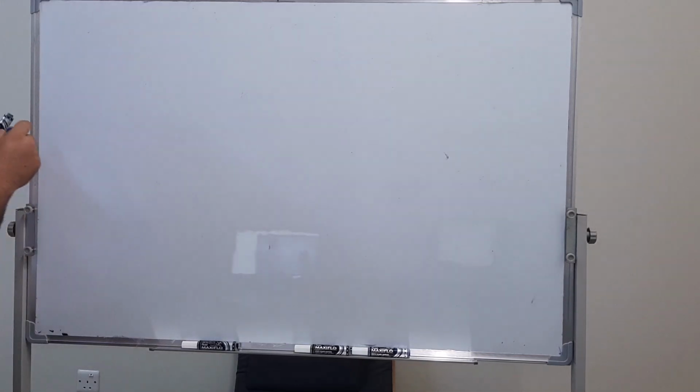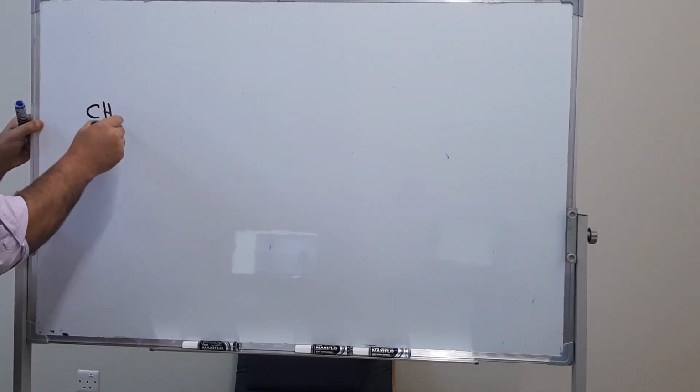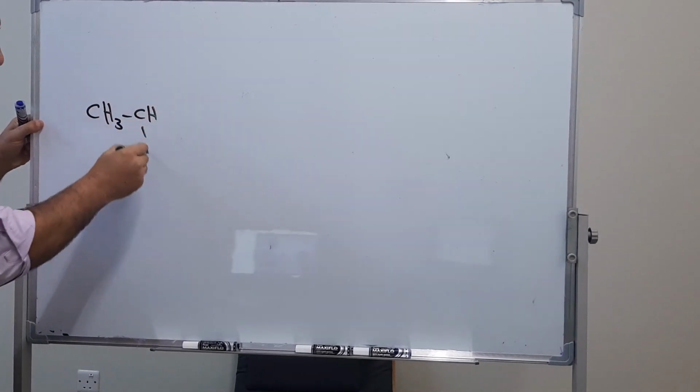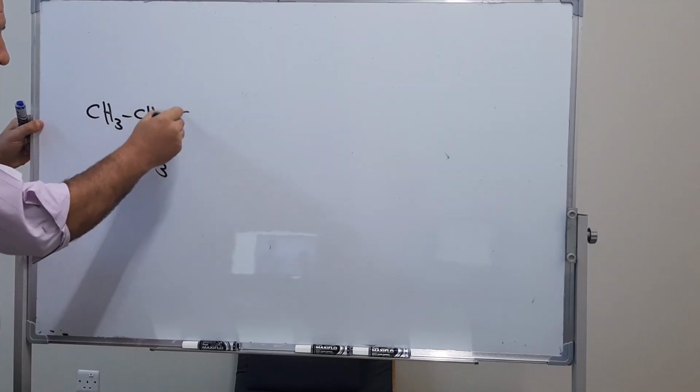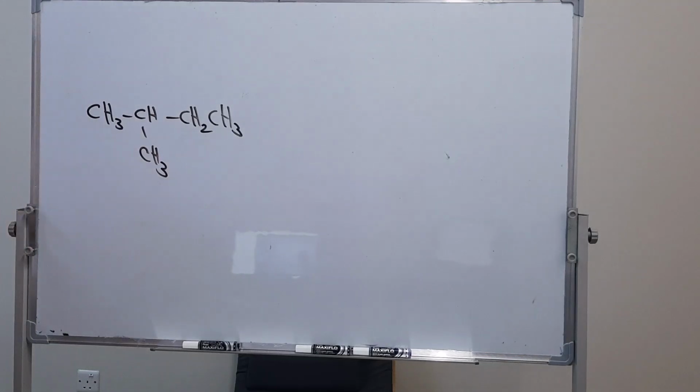Again, I'm going to draw it again. So, CH3, CH, CH3, CH2, CH3. Is this the molecule you are asking about? Alright, so what's your question? Why doesn't it have a quaternary carbon?